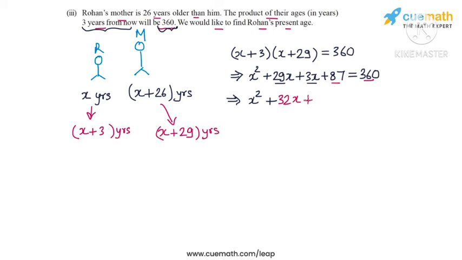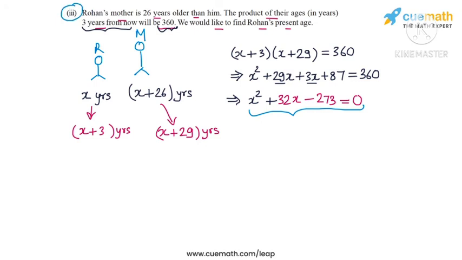So it's actually minus 273. Okay, so we have 87 minus 360 or minus 273. This is equal to 0. So this quadratic equation is the one which models the situation given in part 3.